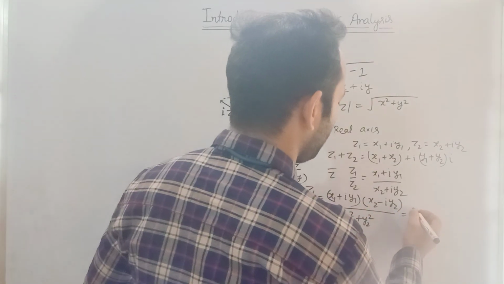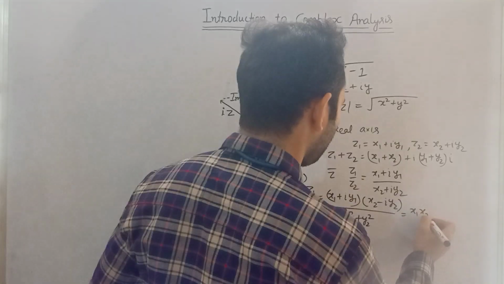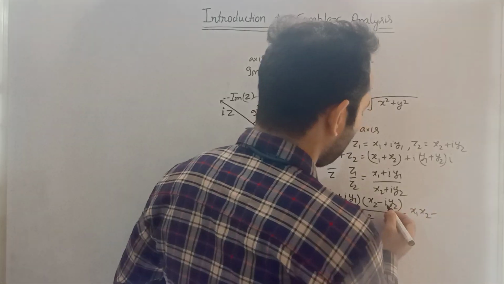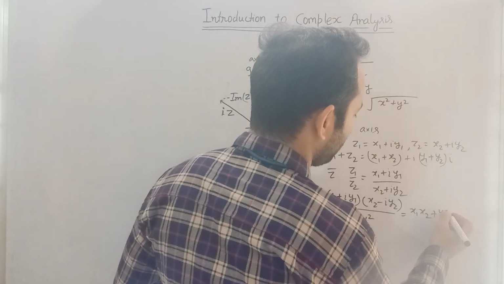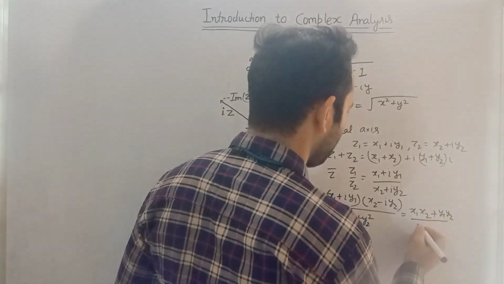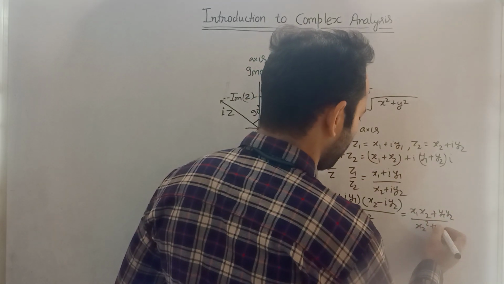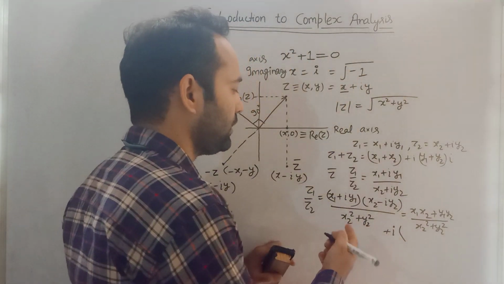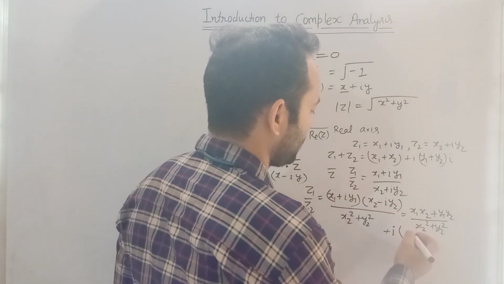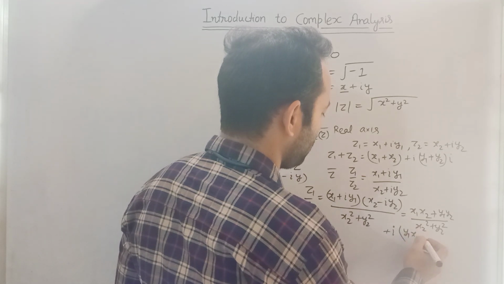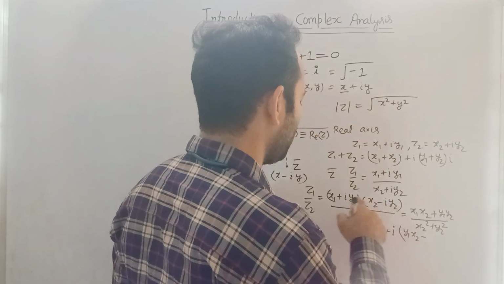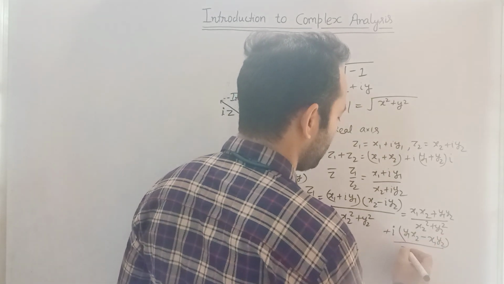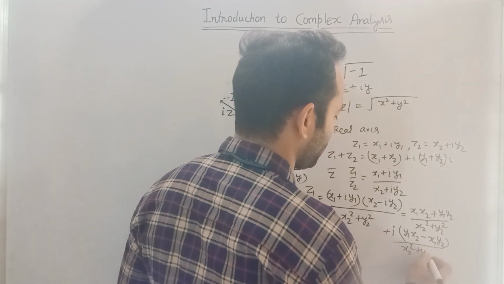So what would it be? x1 x2, minus, alright, so x1 x2, and this would be plus y1 y2, upon x2 square plus y2 square, plus i times what? It would be y1 x2 minus x1 y2, upon, of course, x2 square plus y2 square.